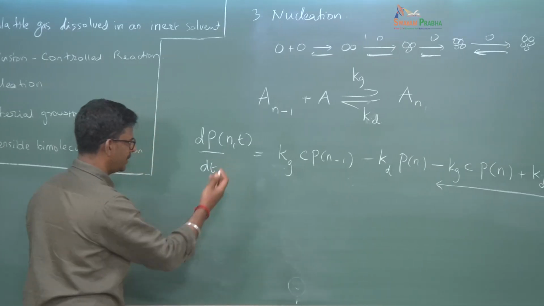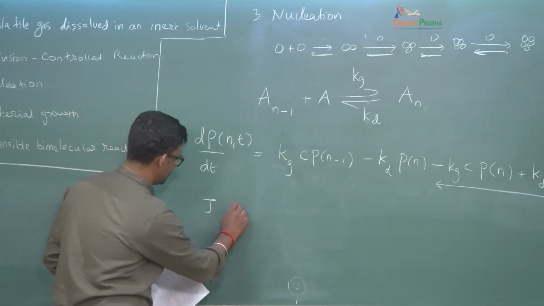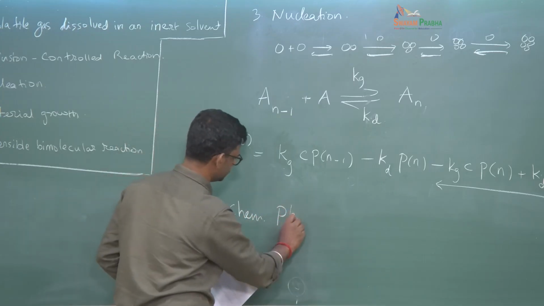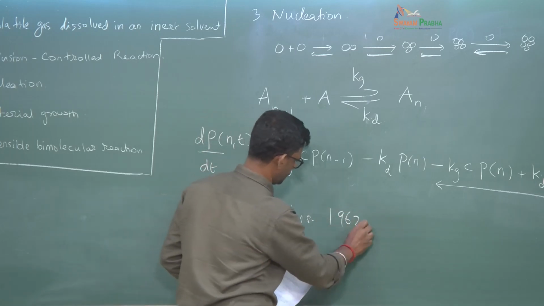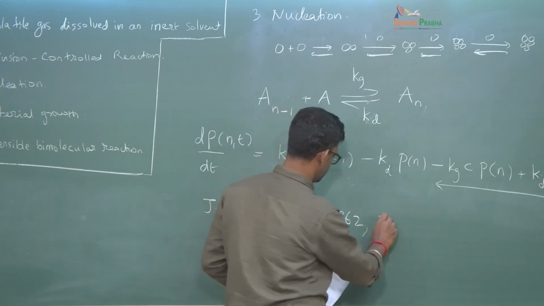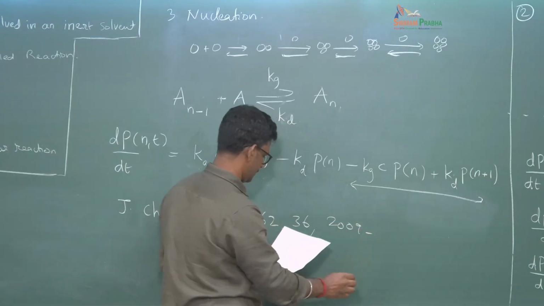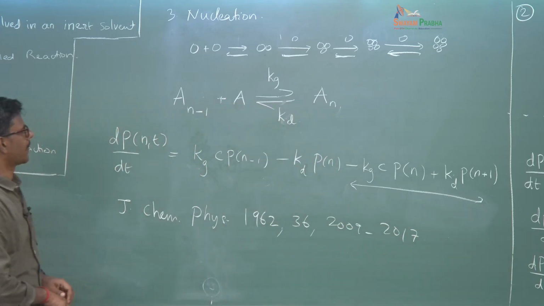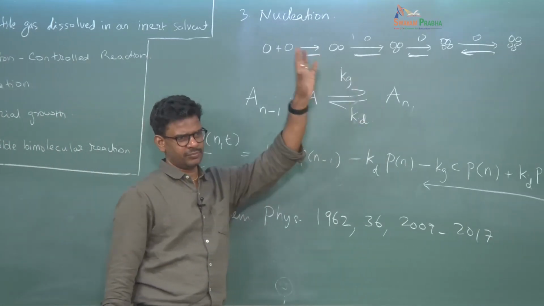Again there is an analytical solution for this, but I will not deal with that here. I will give only the reference for you to check. Typically in nucleation, this n can go up to hundreds.